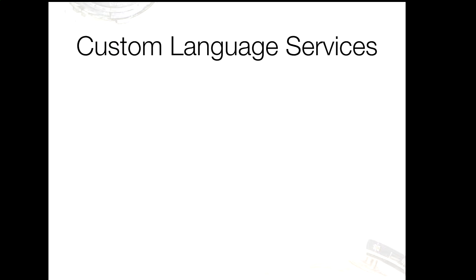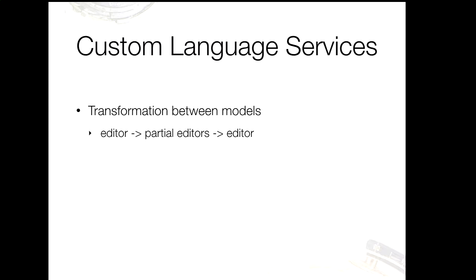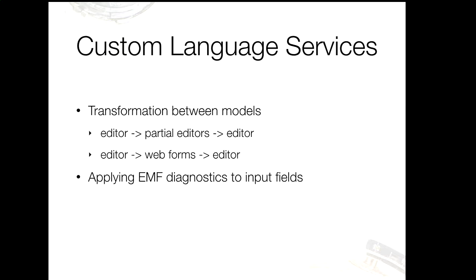So we just implemented new language services on the server side, connected them to the client side, and it worked nicely. We provided model transformation services because we need to transform resources to partial editor models or to web forms, and then do the backward transformation. We back up the form with EMF diagnostics and Xtext completions.